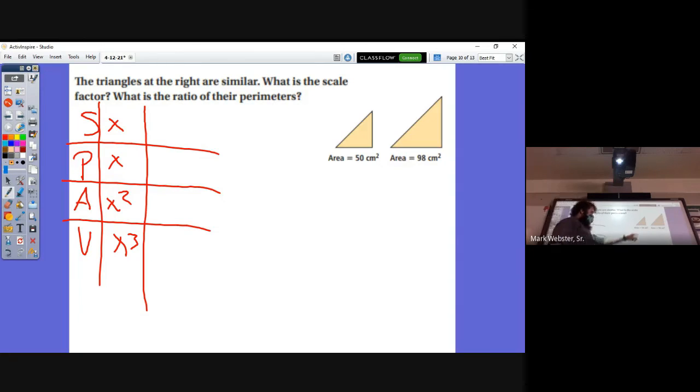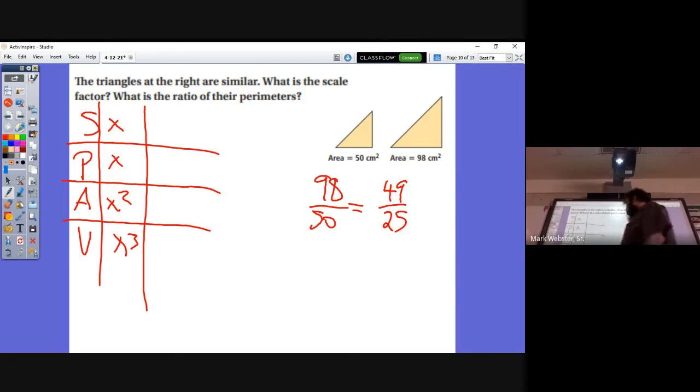So look, the bigger area is 98, the smaller area is 50. Let's simplify that. 98 over 50 simplifies, because both of them have a factor of 2, to 49 over 25, right? That's our area.